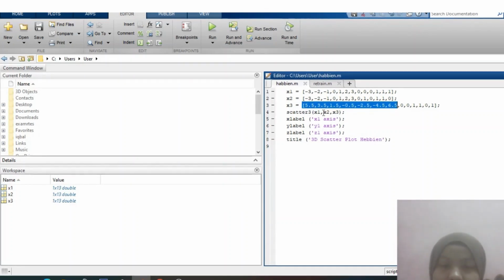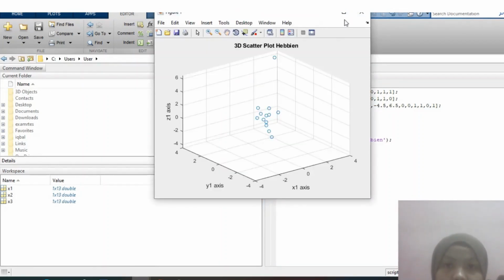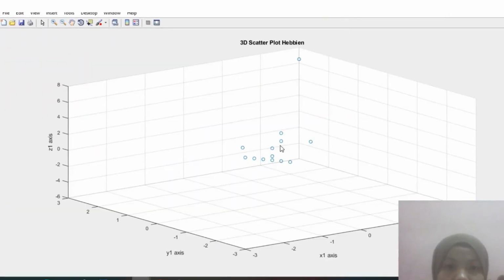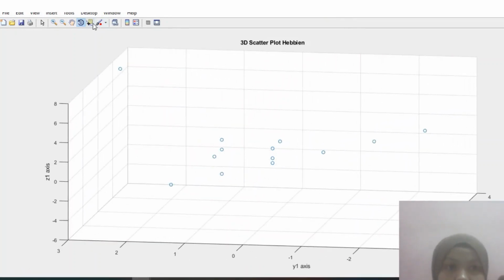We use this value to run the simulation. This is the graph of the simulation, with the value of each point.